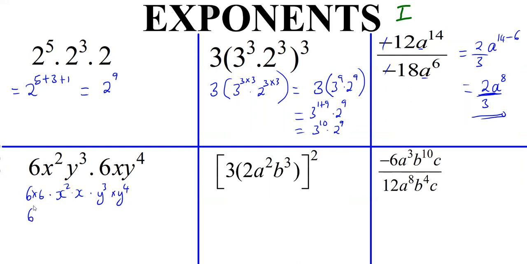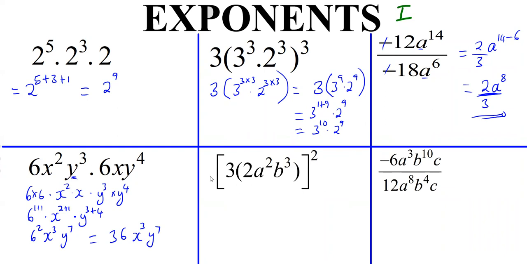It's going to be 6 to the power 1 plus 1, because we have 1 and 1 here. Then it's going to be x to the power 2 plus 1, y to the power of 3 plus 4. Then what we get here is 6 squared, x to the power of 3, y to the power of 7, which is going to give us 36 x cubed y to the power 7. That's what we're having there. Okay, so always remember, you work with the same bases. So it's good to identify those with the same base, then you add the powers.